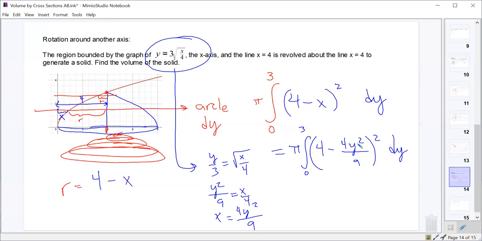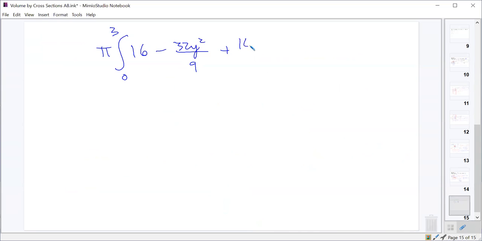And then the last term there will become a plus 16y squared over 81. Everybody agree with that? When you multiply the y squared together, they become y to the fourth. Oh yeah, sorry. Good. All right, so now we integrate.